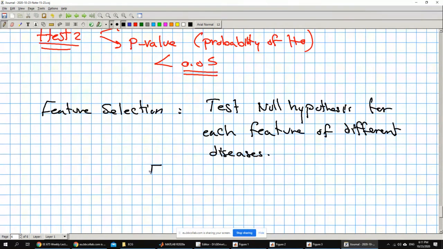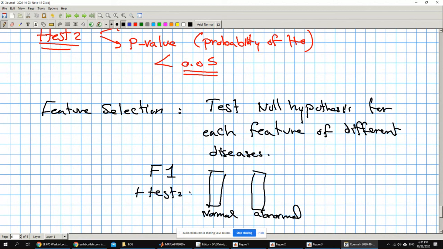So basically, if I have this feature, feature 1, for example, I will have an array for normal and another array for abnormal. I compare them using t-test2, and I'm going to get H and P. Some people look at H, but actually I prefer to look at P, because for the P, the smaller we get, the better.